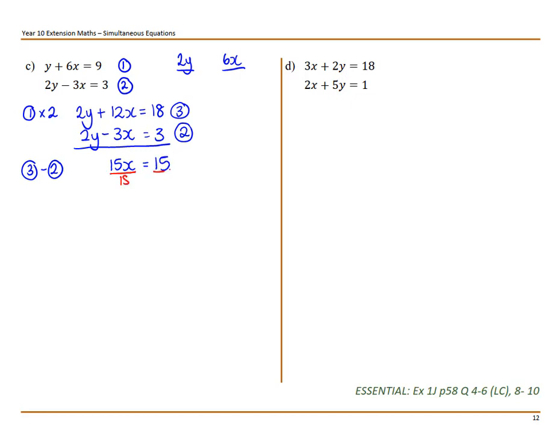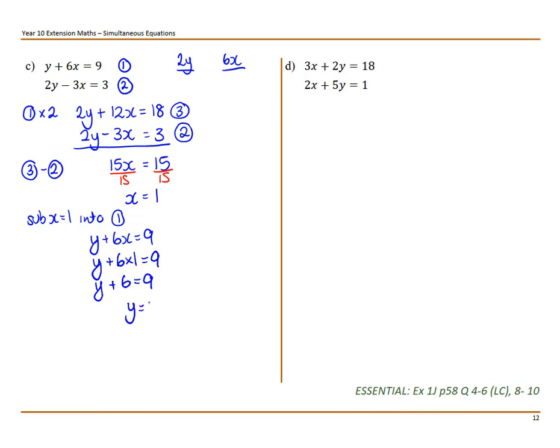I then divide both sides by 15. So x is 1. I now sub x equals 1 into, it doesn't really matter which equation. Let's go equation 1. So I'll have y plus 6x equals 9. So it's y plus 6 times 1 equals 9. y plus 6 equals 9.